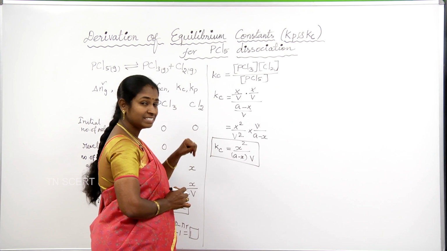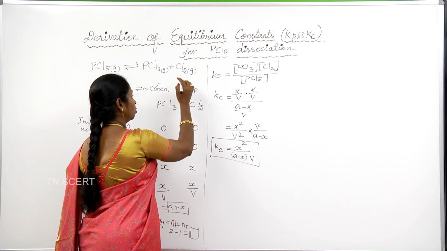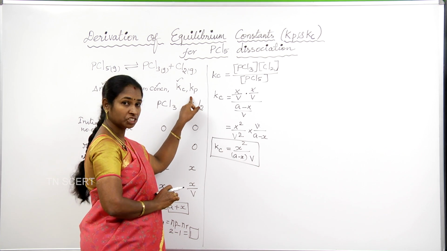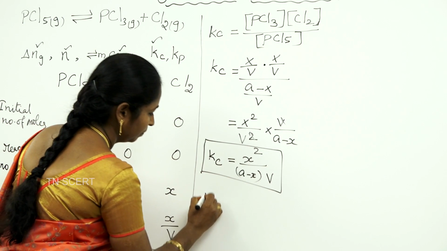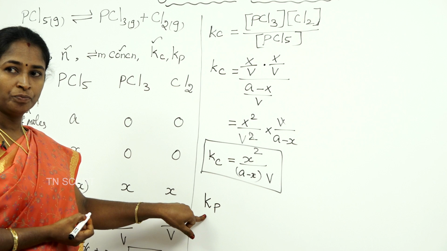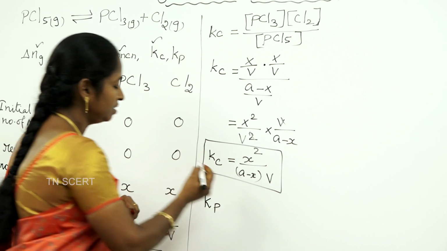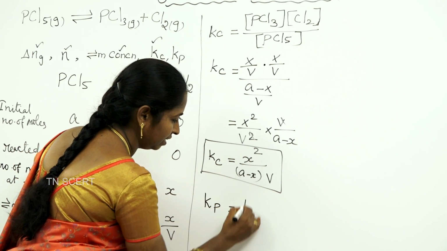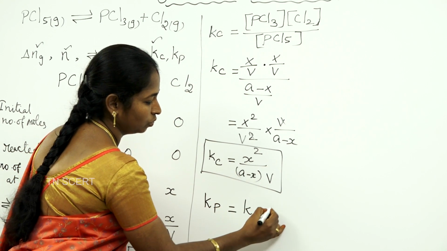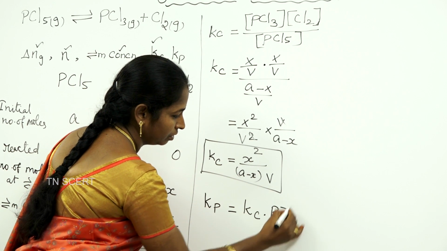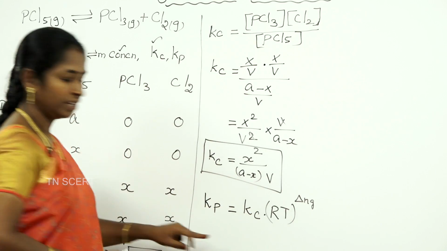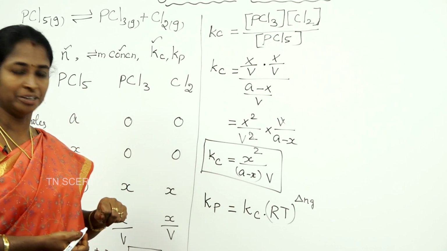Now, let us derive the value for another constant, that is the equilibrium constant in terms of partial pressure, Kp. You know Kp is related to Kc as Kp equal to Kc into RT the whole power delta Ng. Am I right? You studied this equation already.